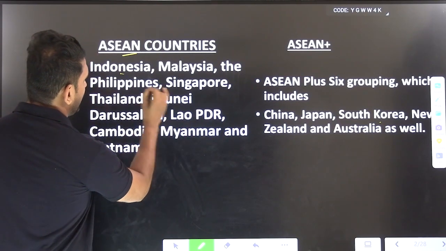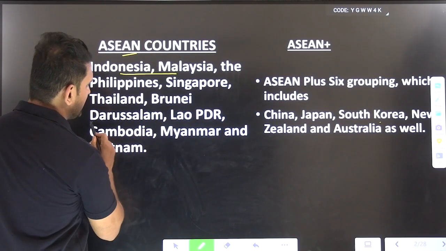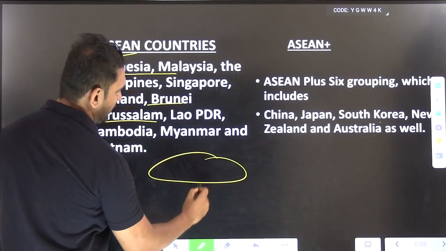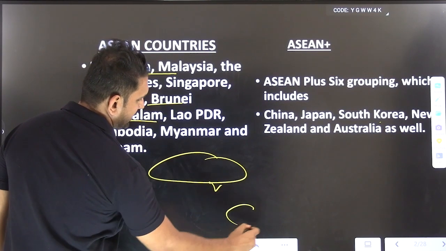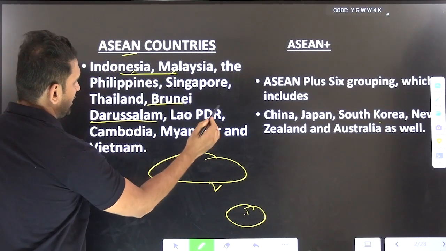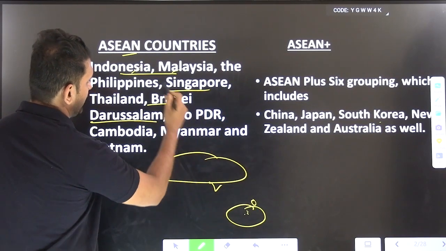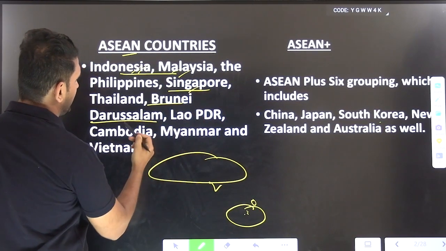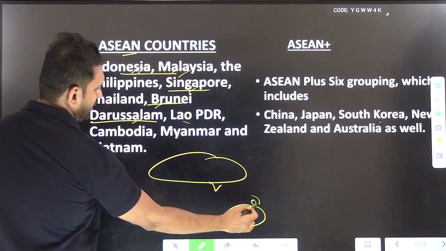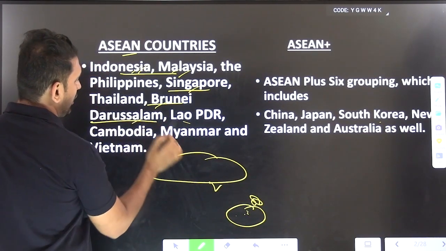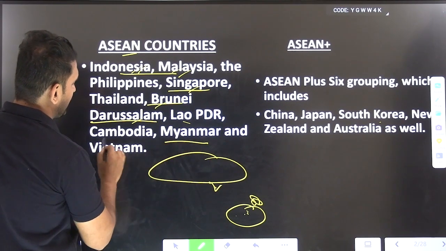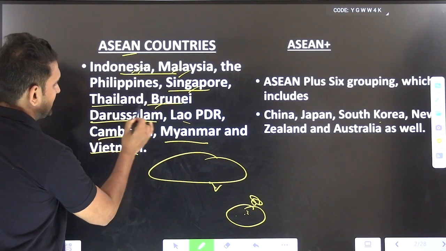That's all. Indonesia, Malaysia, and Brunei Darussalam. These particular countries are part of it. Indonesia, Malaysia, Singapore is also here, Brunei Darussalam here. Then Laos is also here, somewhere here only. Then just beside India we have Myanmar, then Cambodia, Vietnam, Thailand.